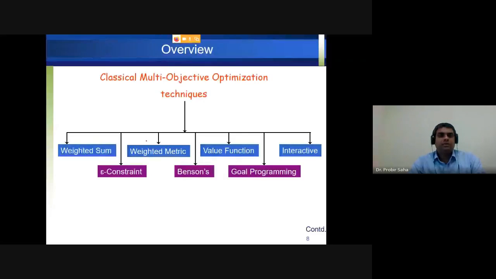Now, there are also several classical multi-objective optimization techniques. They are, say, weighted sum, epsilon constraint, weighted metric, Benson's, value functions, goal programming, interactive. These are the techniques which have been developed by researchers and reported in the original articles.